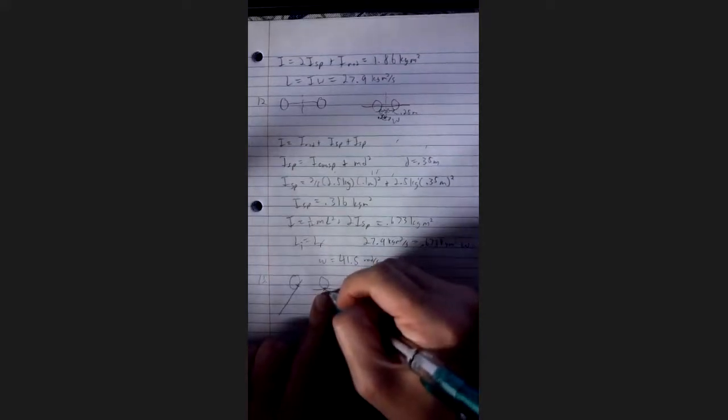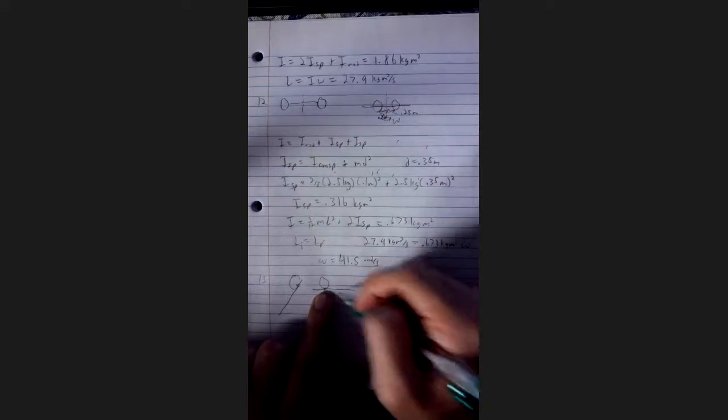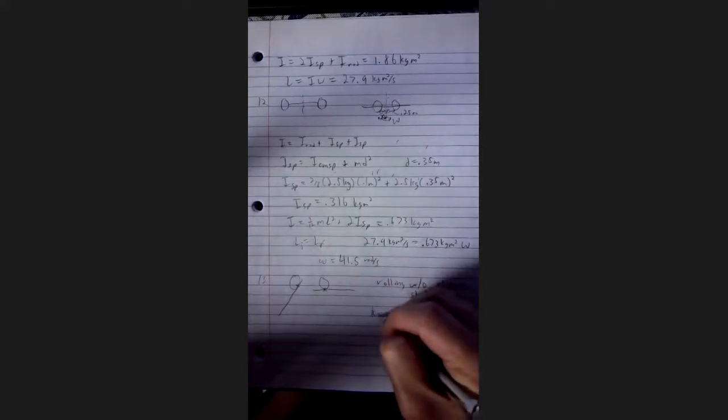And for rolling with slipping, there's some slipping, which means that this point that's in contact with our surface here is moving. And so we have kinetic friction for slipping.